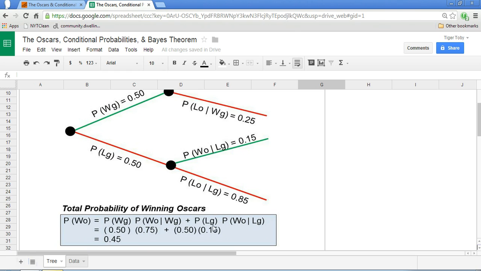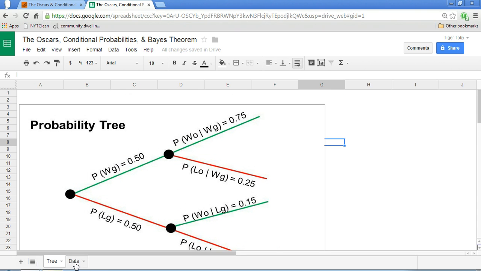Similarly, the probability of losing the Golden Globes times the probability of winning the Oscars given that you lose the Golden Globes is equal to the probability of winning the Oscars and losing the Golden Globes. So using the conditional probabilities, the overall probability of winning the Oscars is the sum of these two. And so you have a 45% chance of American Hustle winning the Oscars.